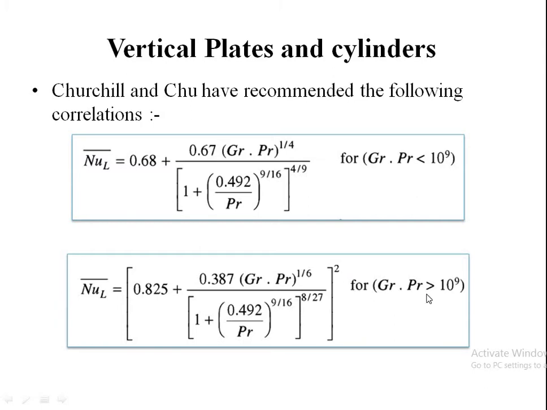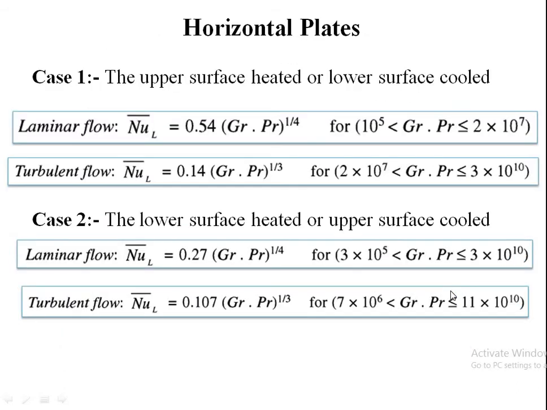So it will be used when the product of Grashof number and Prandtl number, that is the Rayleigh number, is greater than 10 raised to 9.